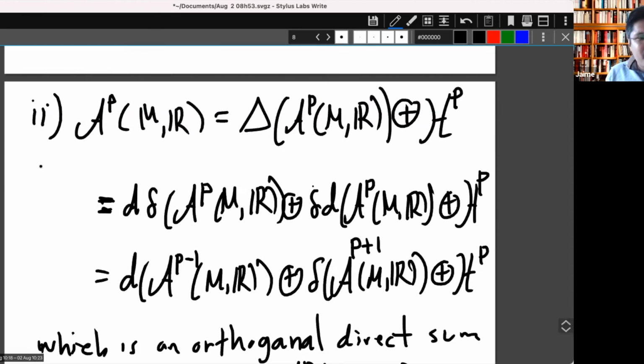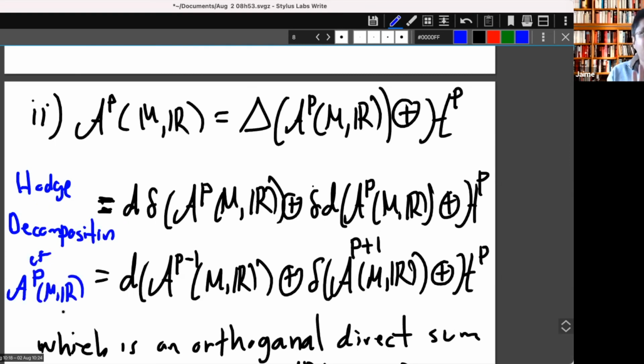This one here, part 2 on the Hodge theorem is also called, I'm going to be very careful here. Some people also call this a Hodge decomposition of a P, right?